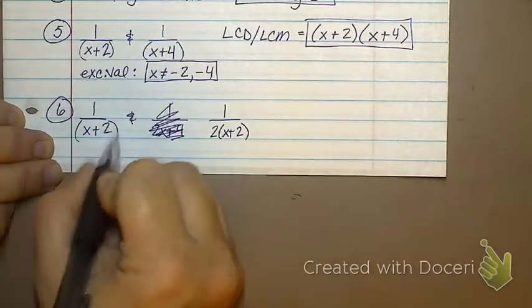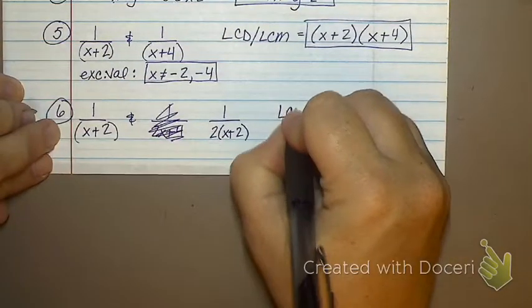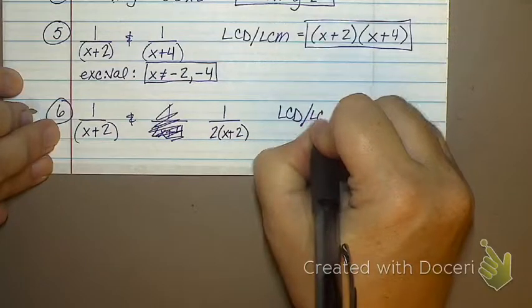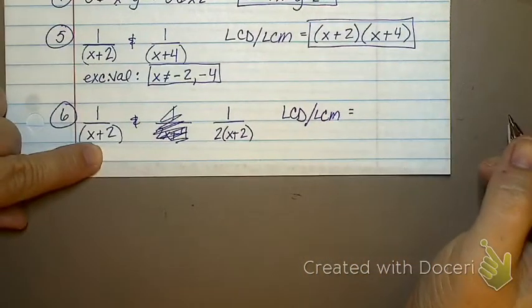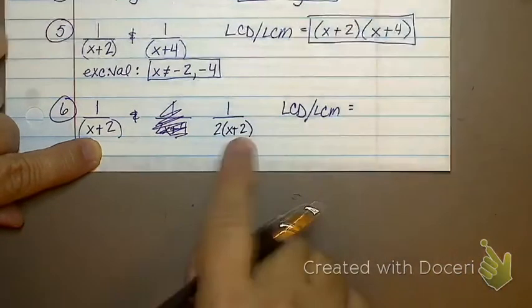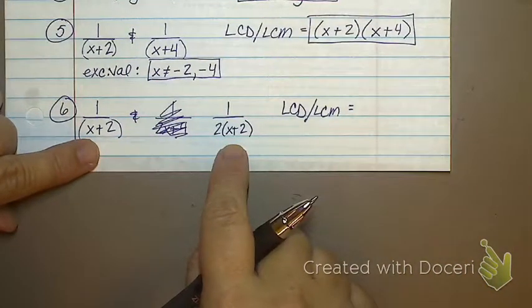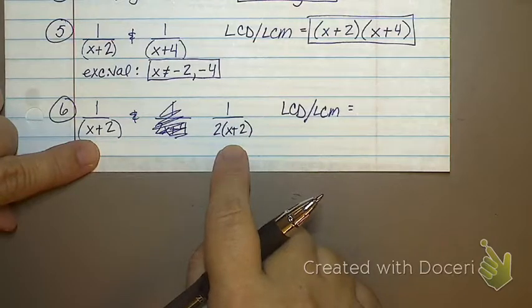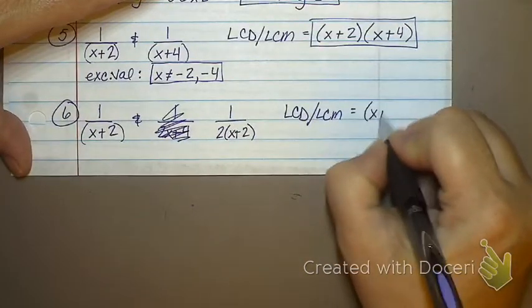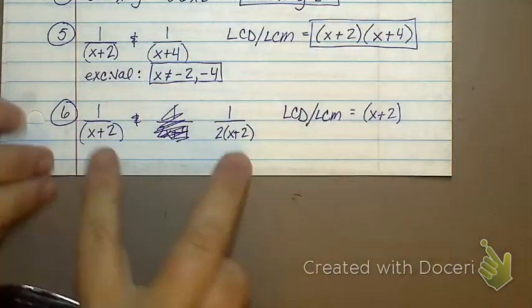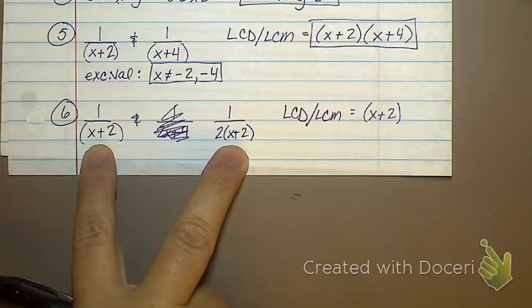No. So my LCD, or my LCM of the denominators, there's an x plus 2 represented. Yeah? It's represented here also. Which one has the higher exponent? Well, the exponents match, so I just take it with the first power.